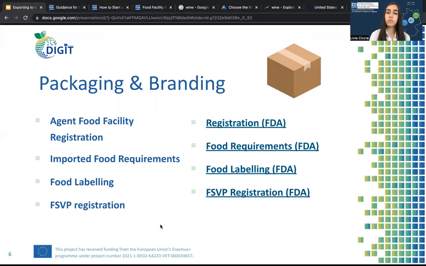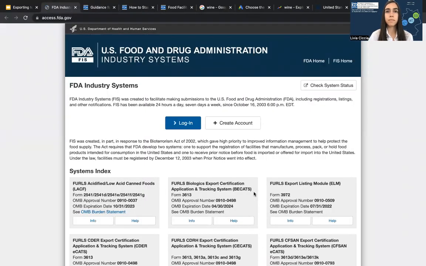Another important registration that you have to provide is the FSVP registration. And you can create your account on the website and actually provide information about your facility when exporting your products.